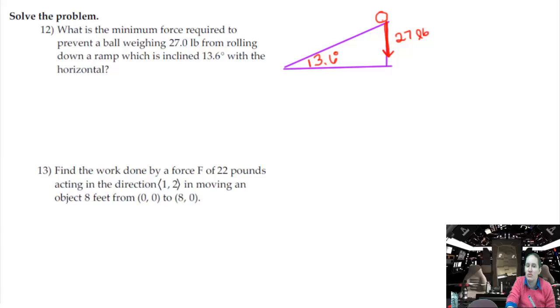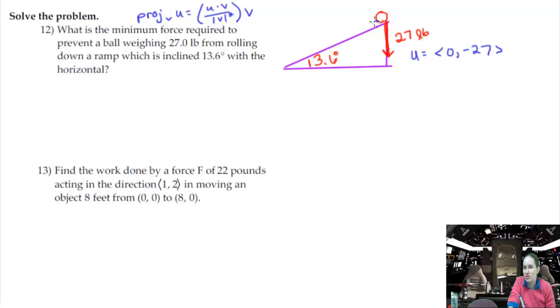To do that, we need to do the projection of u onto v, which is u dot v over the magnitude of v squared times the vector v. Our u is going to be the vector with the weight of the ball. So 27 pounds going straight down, that's 0, negative 27.